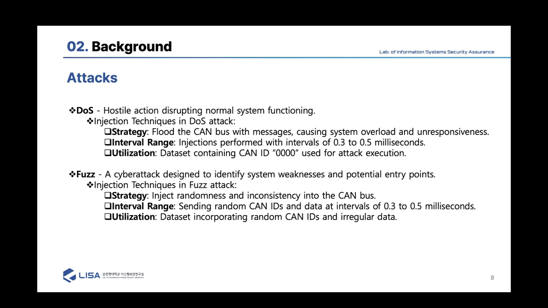This rapid succession ensures the system is continuously bombarded, preventing regular traffic from proceeding. For executing this attack, data containing the CAN ID 000 is repeatedly sent to flood the bus and achieve the desired disruption.